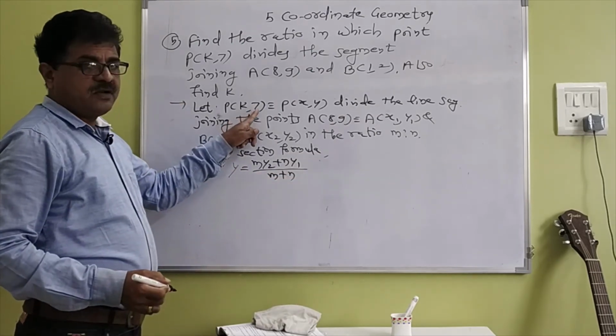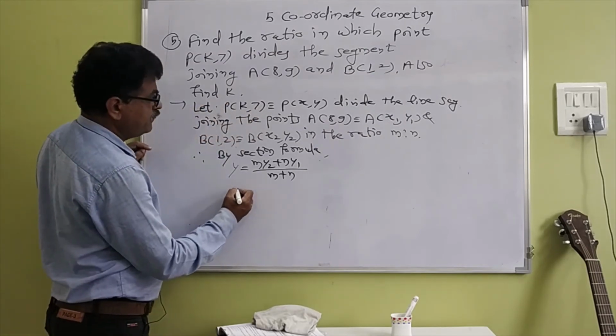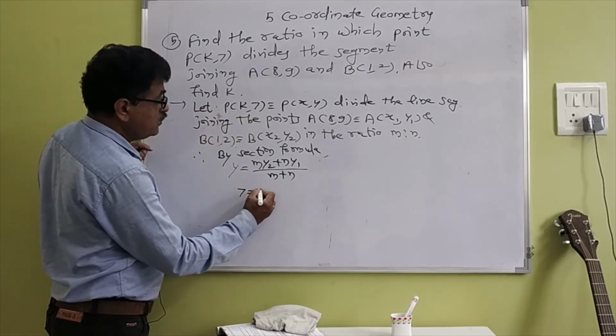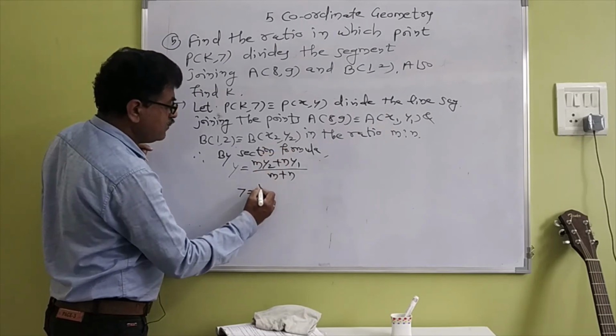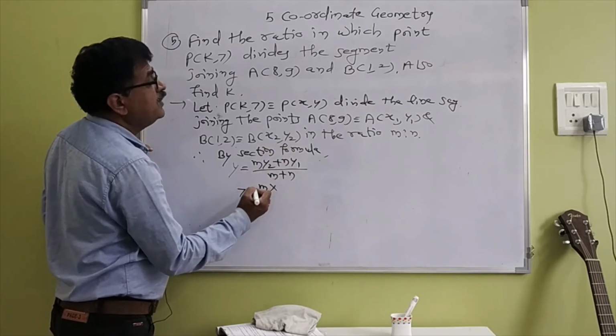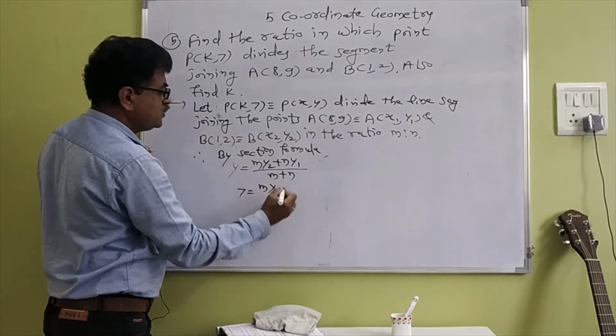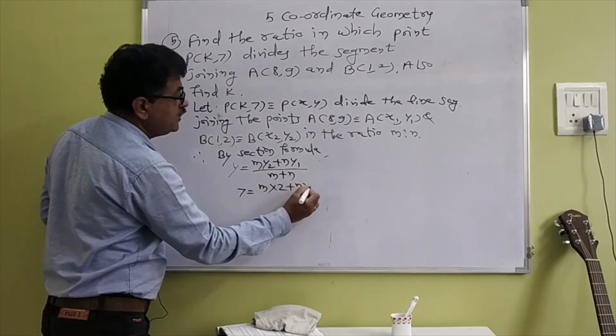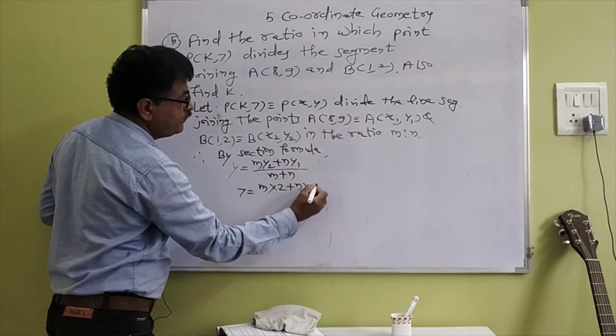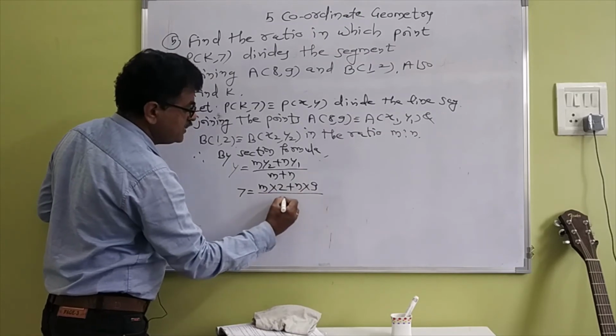Now here the y coordinate is 7. Therefore 7 is equal to, we have to find the value of m, m into y2, which is 2, plus n into y1, which is 9, divided by m plus n.